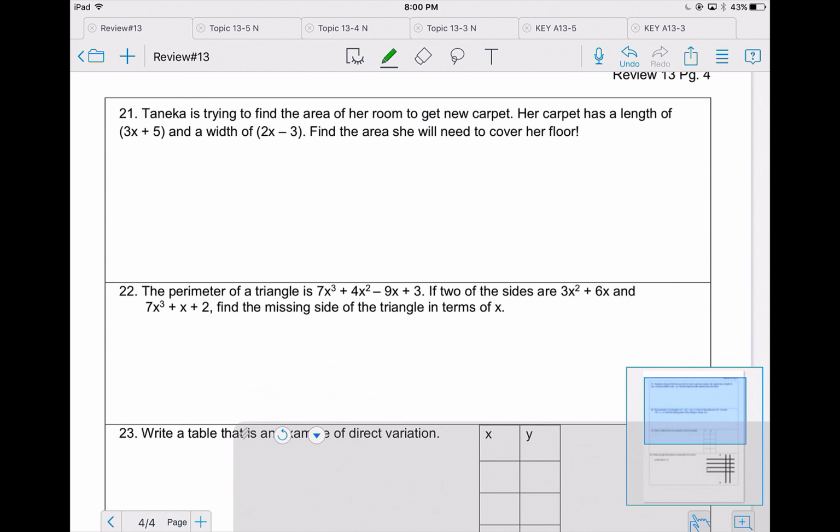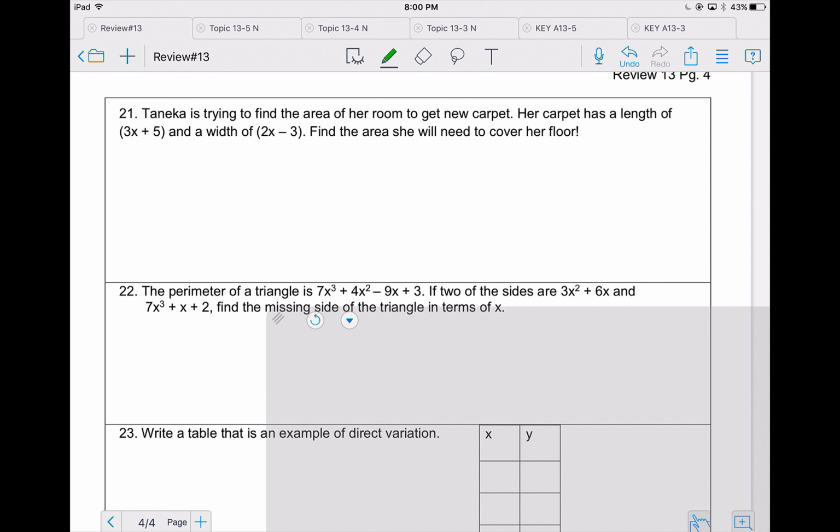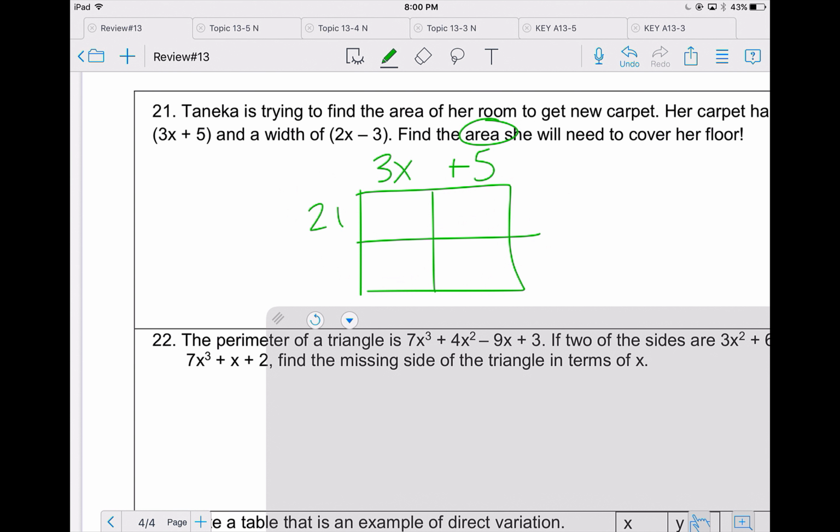Last page, Tanika's trying to find the area of her room to get a new carpet. Her carpet has a length of 3x plus 5 and a width of 2x minus 3. Find the area she will need to cover her floor. In order to find area, we will multiply. Anytime we are multiplying two factors, we have to use the box. So 3x plus 5, 2x minus 3. Remember to fill in the box, we multiply top times side.